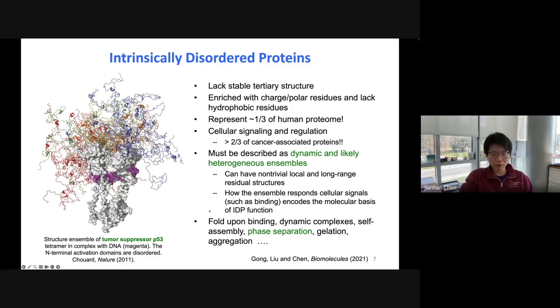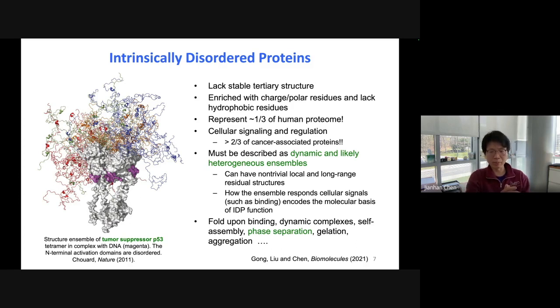For the purpose of this talk, we are mostly interested in the ability to self-assemble, really to phase separate. And as I briefly mentioned early on, many of the IDPs, after they phase separate, can undergo aging and transitions from a gel, or they can aggregate, etc. So these are really interesting proteins and play a really important role in phase separation.